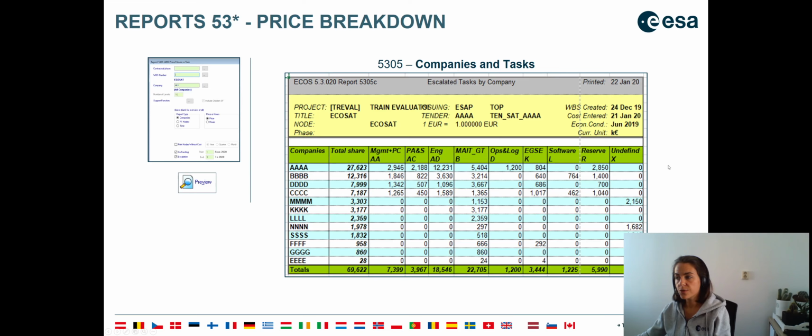You can also produce the companies and tasks report, and this can be extremely useful if you want to have the tasks assigned to your subcontractors.